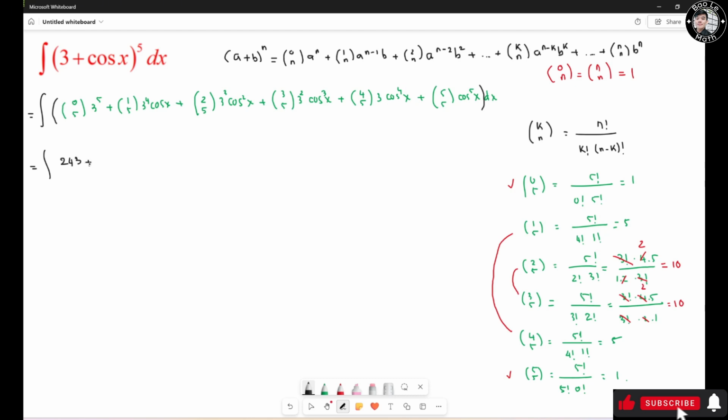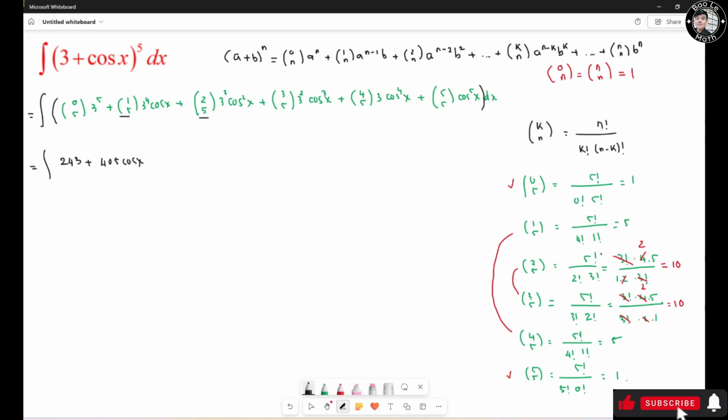3 to the 5th is going to be 243, plus this one equals 5. 3 to the 4 is going to be 81, and 81 times 5 is going to be 405 cosine x.